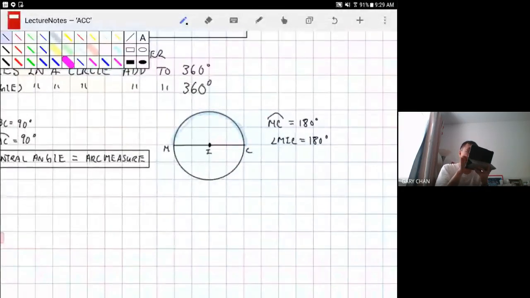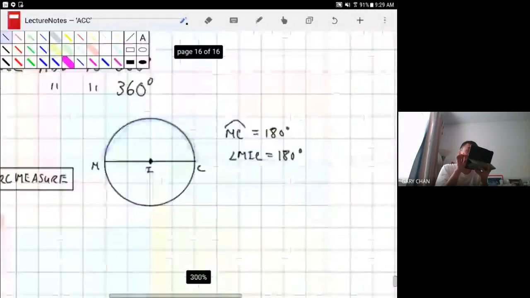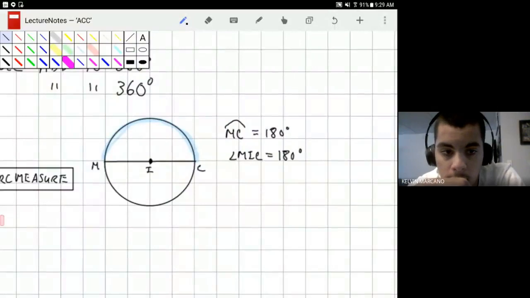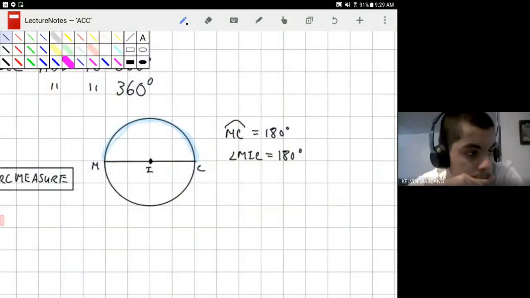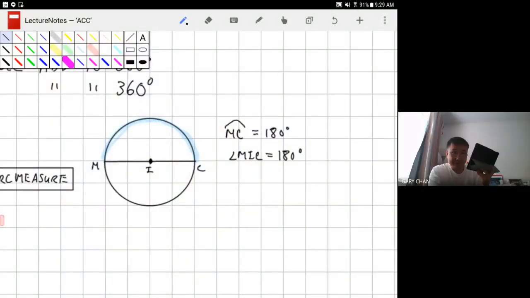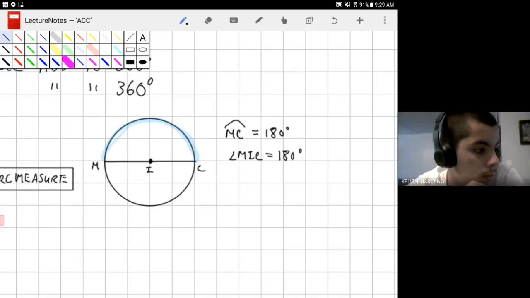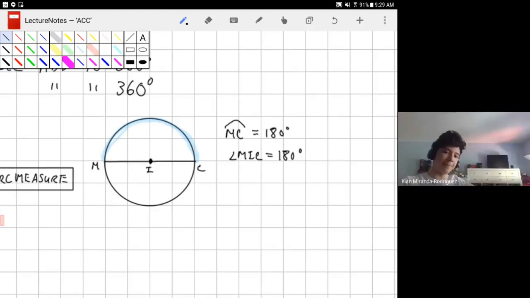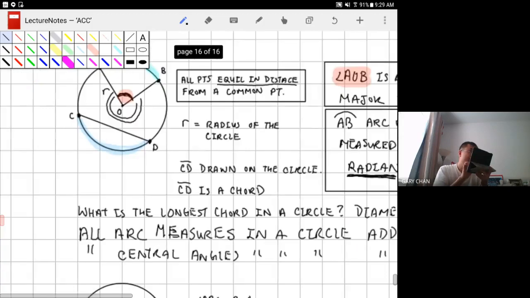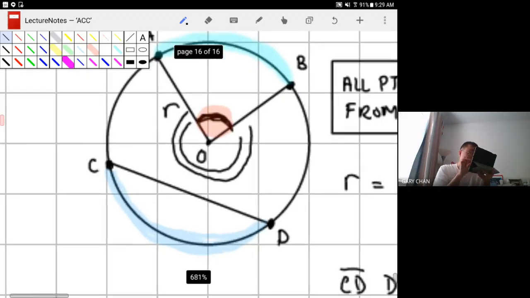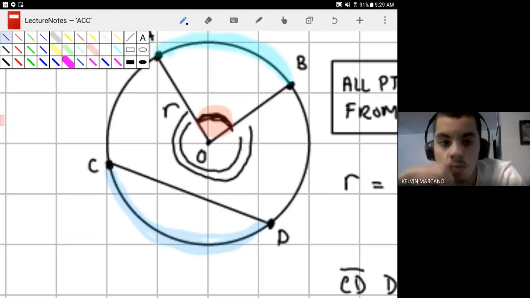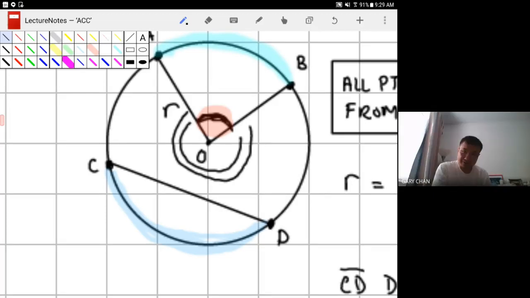Does everyone have this before I move it? Yes? Okay. I want to go back over here to this diagram that I drew. Does this chord CD pass through the center? No, it doesn't.